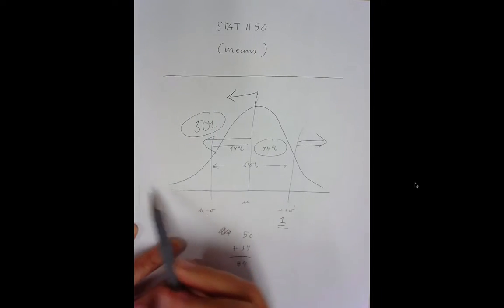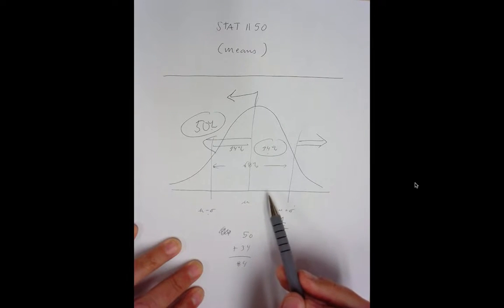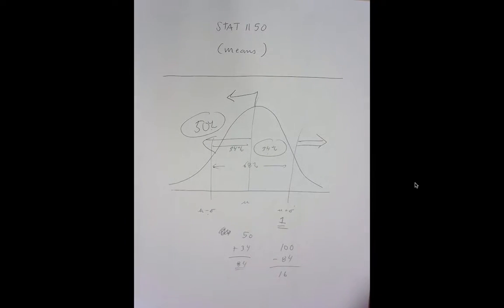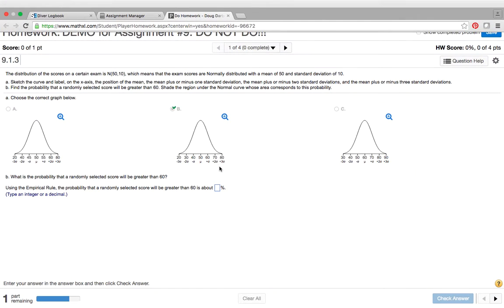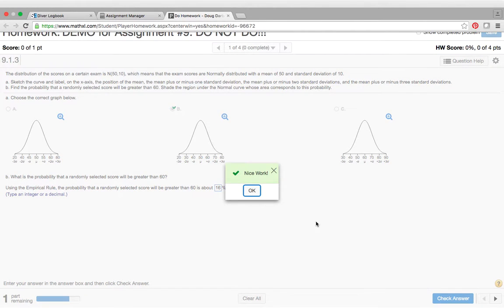I know that 100% of my distribution scores are encompassed by the area under the curve. So if I take 100 minus the part that I've already accounted for, 84, I get 16. Depending on how they want us to put this in, it looks like they want it as a percentage, so the answer would be 16.